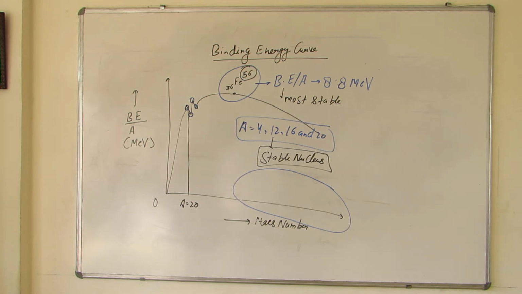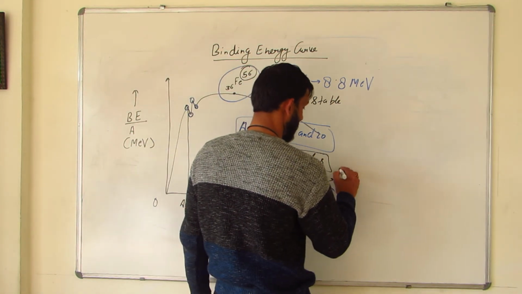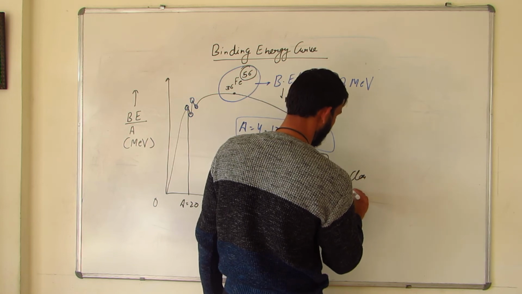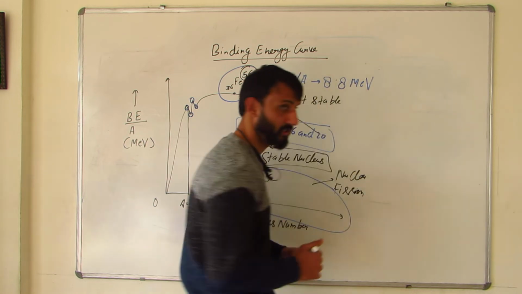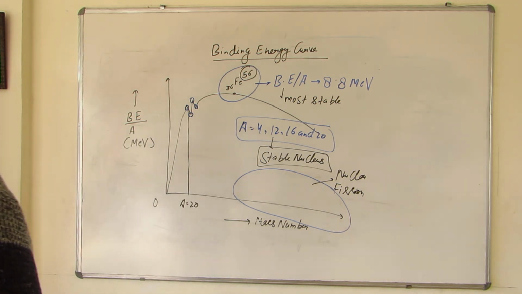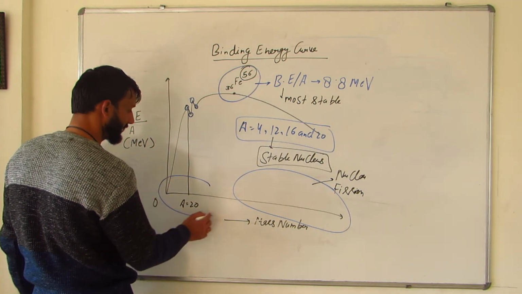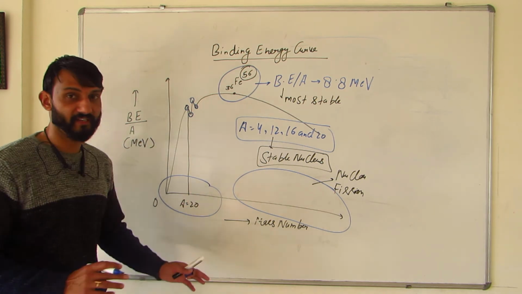These show nuclear fission. They show nuclear fission because they have greater mass number and therefore lesser binding energy per nucleon, and they easily break off. Whereas for the lesser mass number, they usually don't break off very easily.